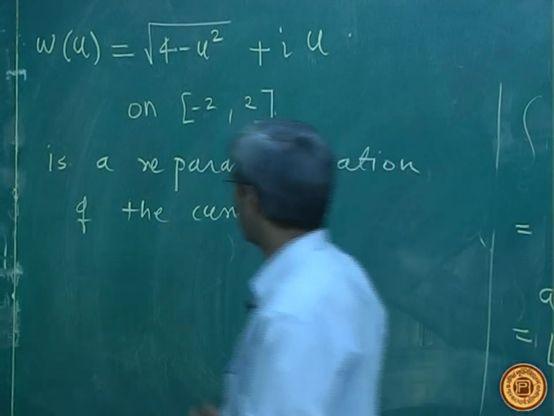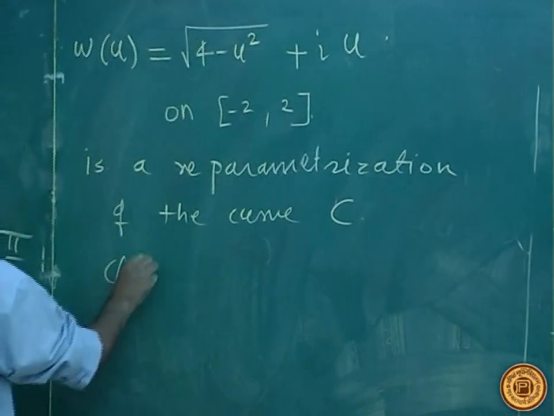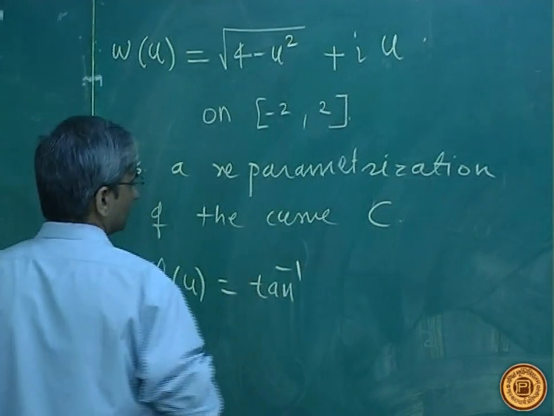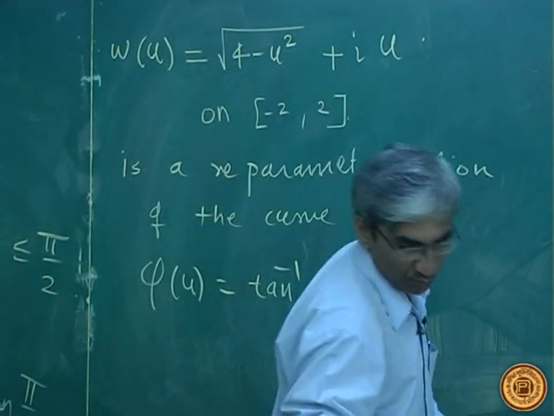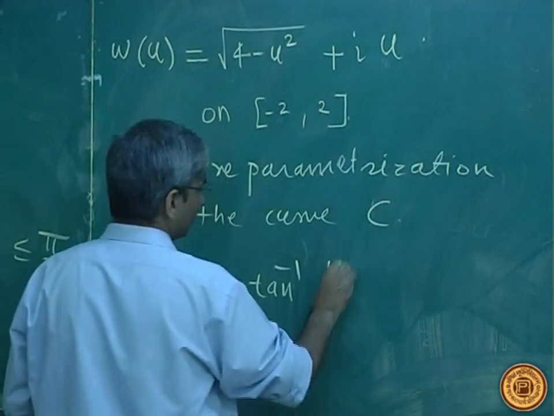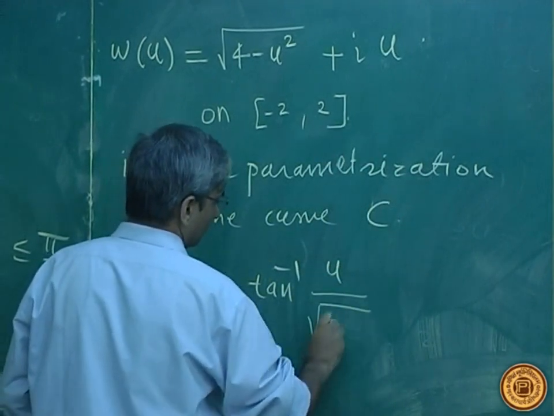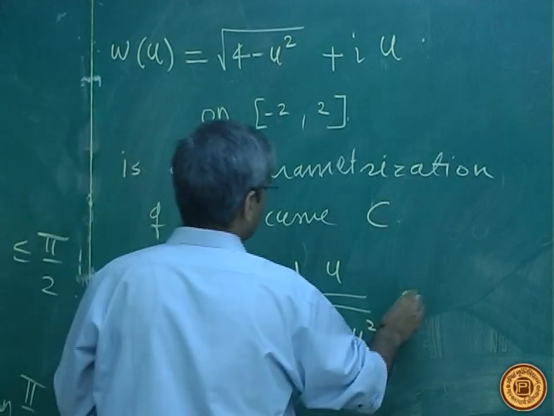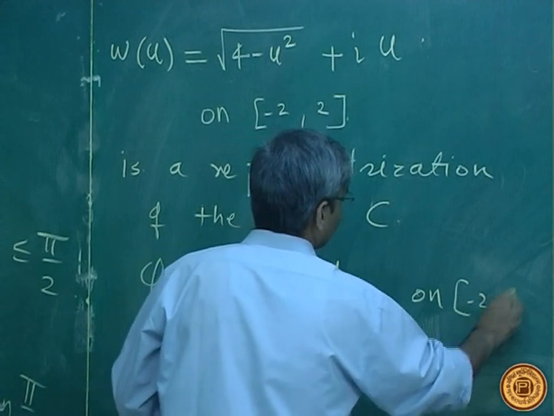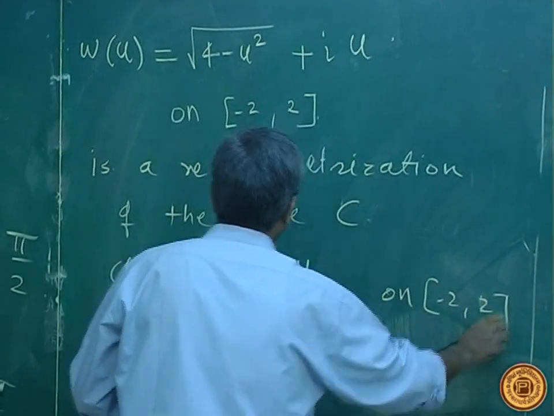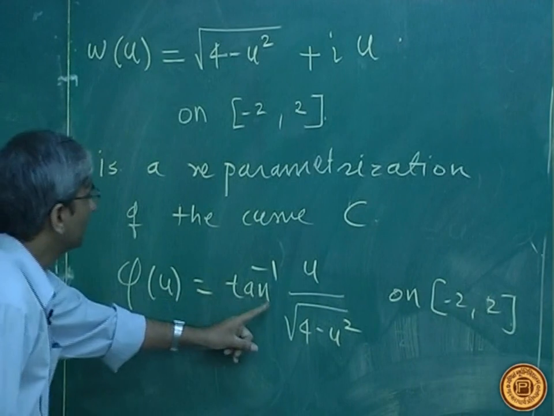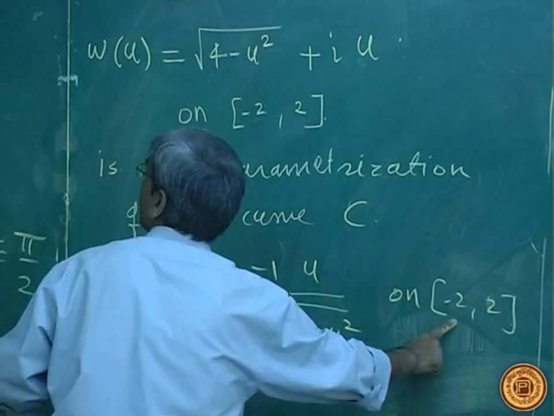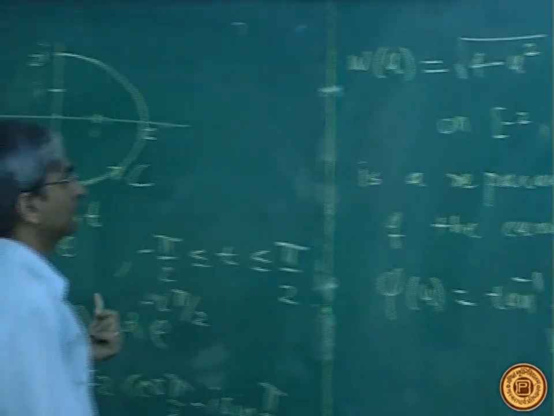That is, if you consider the function phi u is equal to tan inverse u upon root 4 minus u square. So this function, if you take it on minus 2 to 2, then this maps minus 2 to 2 to minus pi by 2 to pi by 2.